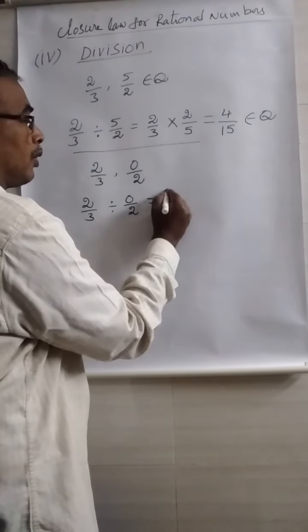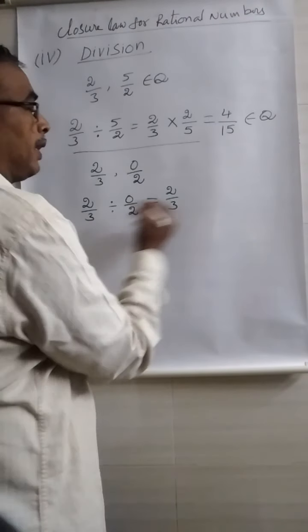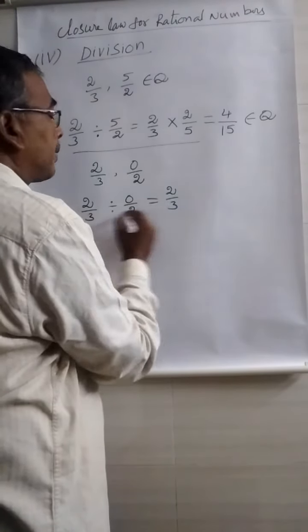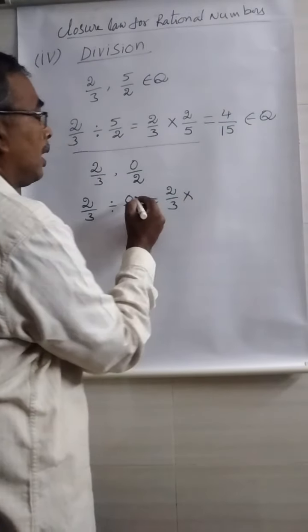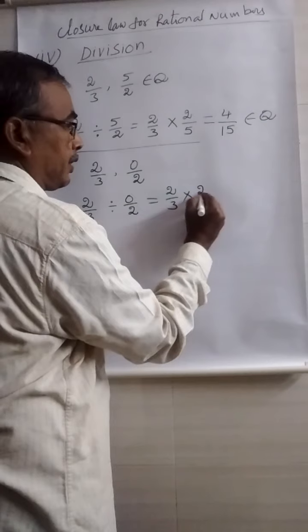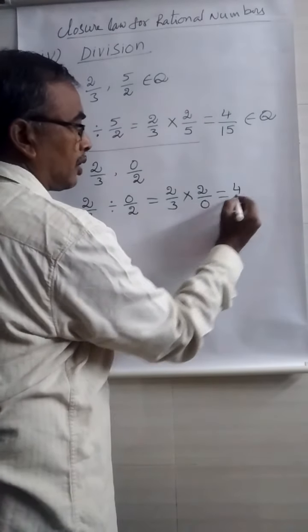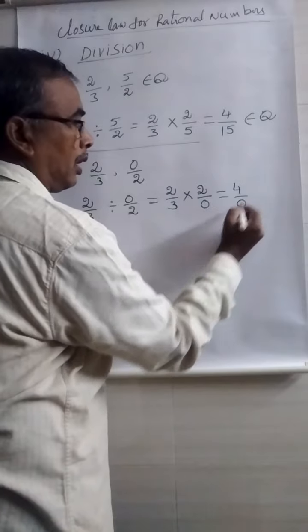That means, as we already know, 2 by 3 divided by: we write the multiplication symbol and we write the reciprocal of the second rational number, that is 2 by 0. 2 2s are 4, 3 zeros are 0.